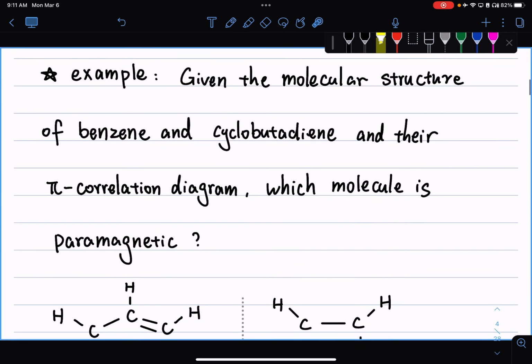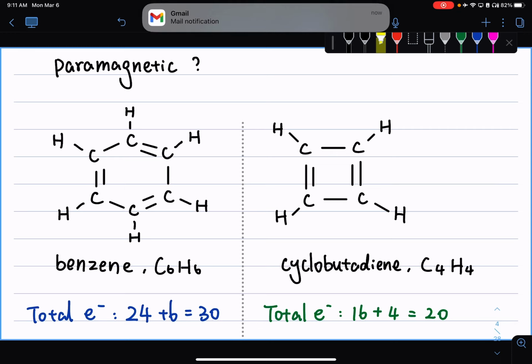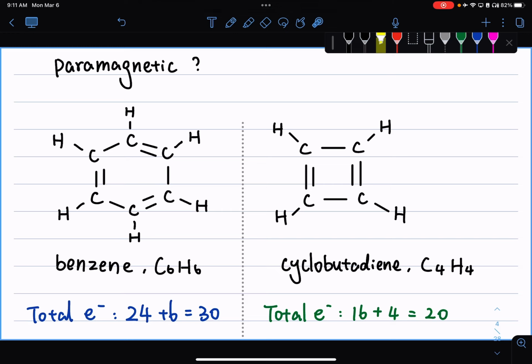For example, if we're talking about benzene and cyclobutadiene, benzene has a structure like this. It's a 6-member ring. Each carbon is sp2 hybridized, and it has a molecular formula of C6H6. On the right-hand side, you can have cyclobutadiene, which has a molecular formula of C4H4.